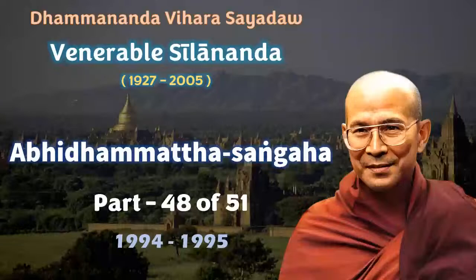Same. Formations of the imperturbable. Cetana in Arupavacara Kusala 4 is a condition for Arupavacara Vipaka 4 in the Arupavacara realm, both at Patisandhi and Pavatti, for two conditions.